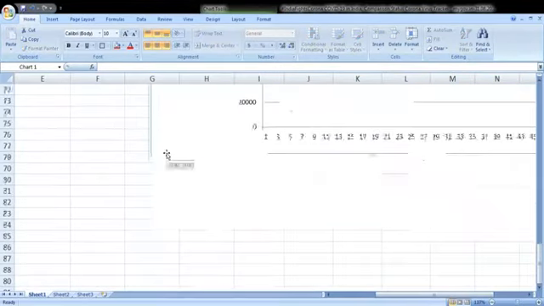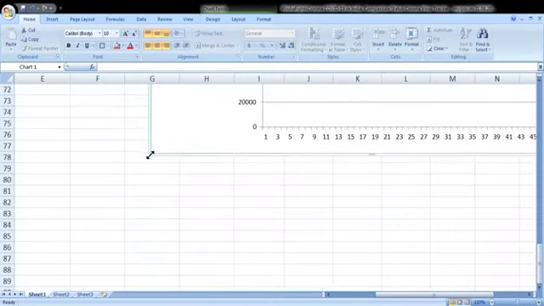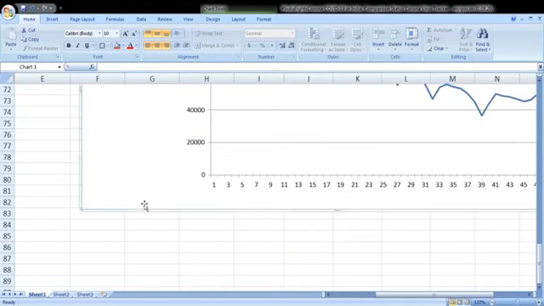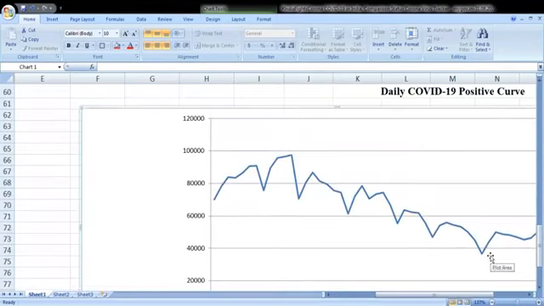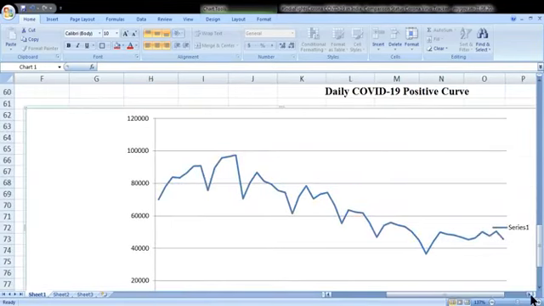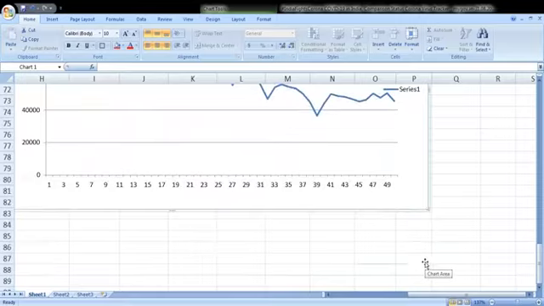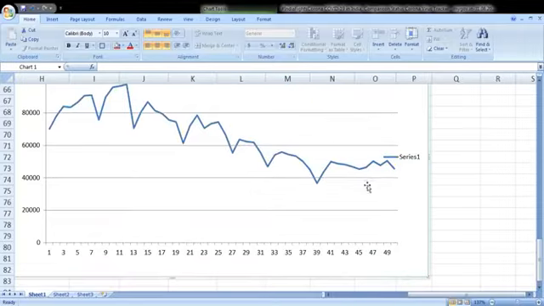Let's go further down so that it will be more and more clear to you. You can see yourself how this is working. 1, 3, 5, 7, 9, 11, 13, the serial numbers. We started from 1 and go to 49, 50, 51. Each day here is somewhere around 70,000.